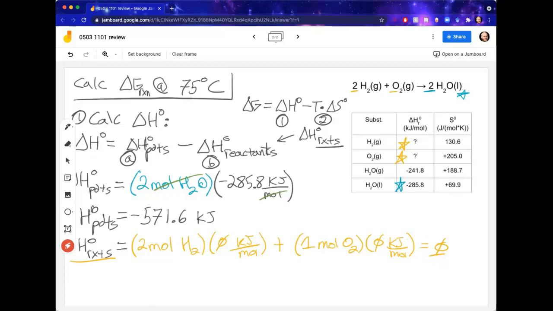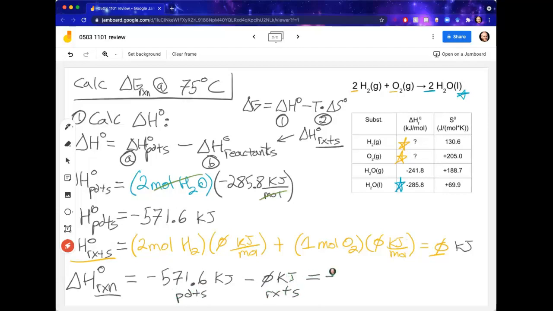So with that in mind, we calculate delta H of the reaction, Rxn, notice, as negative 571.6, sorry, there's a decimal there, minus 0 kilojoules for the reactants to just get back minus 571.6 kilojoules.